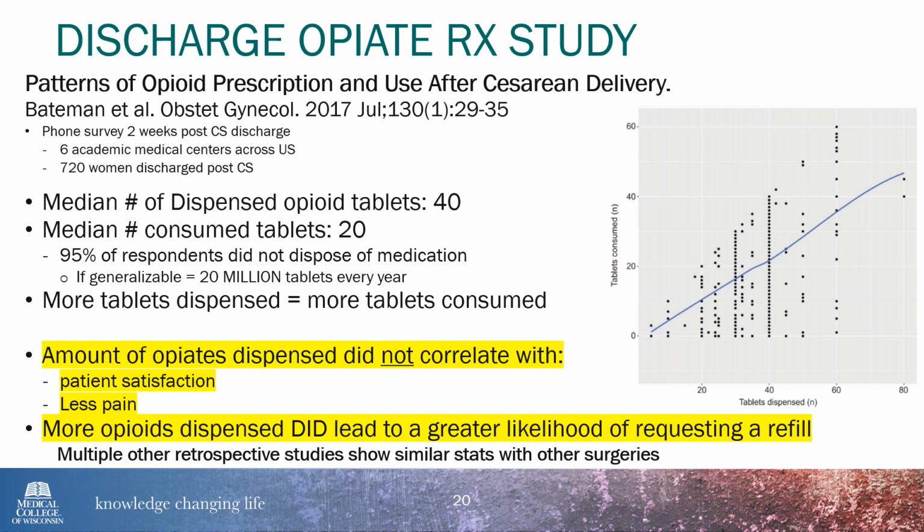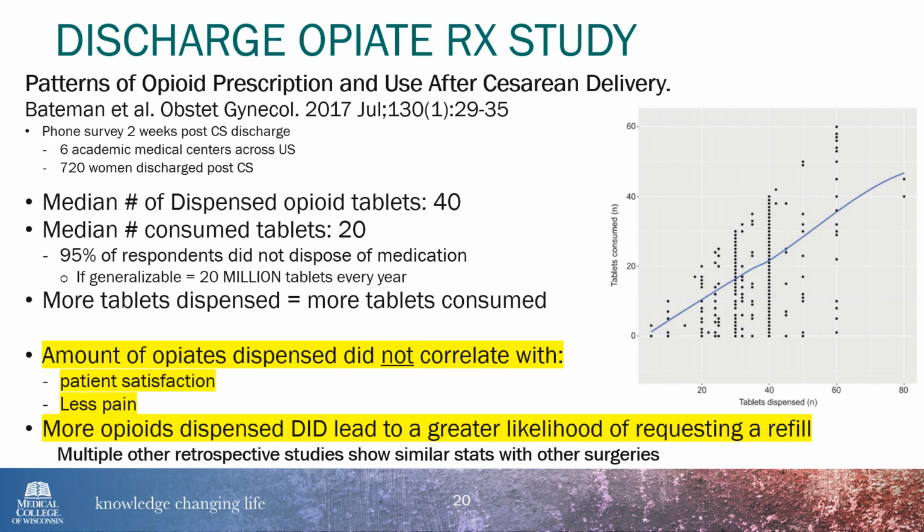That actually was not shown to be true. There was no difference in satisfaction if they were prescribed 10 tablets of oxycodone or 100 tablets. There's also no difference in pain scores. So patients that were prescribed more pain medication didn't report better pain relief.